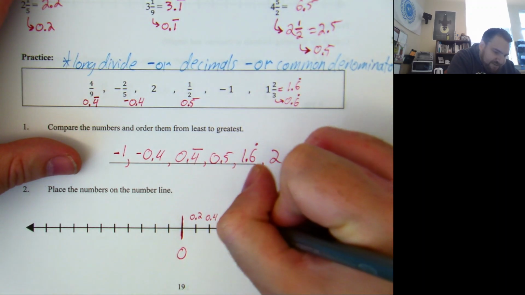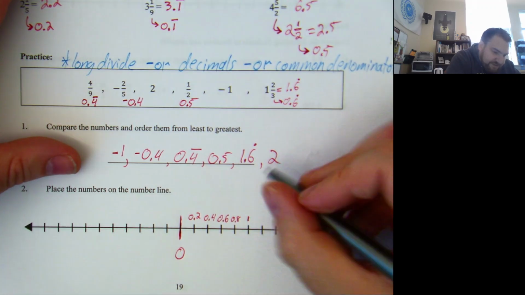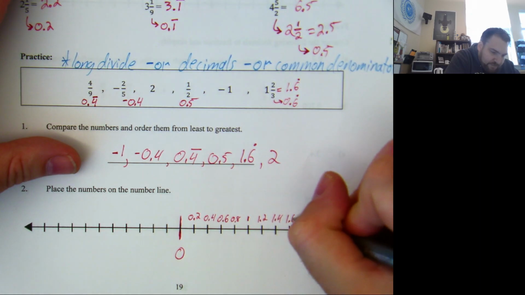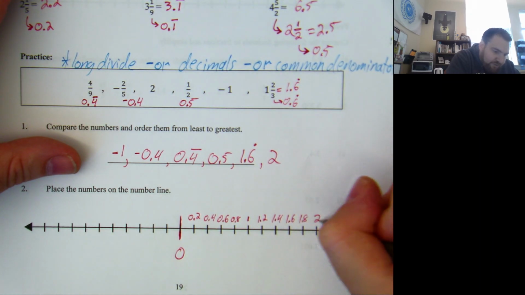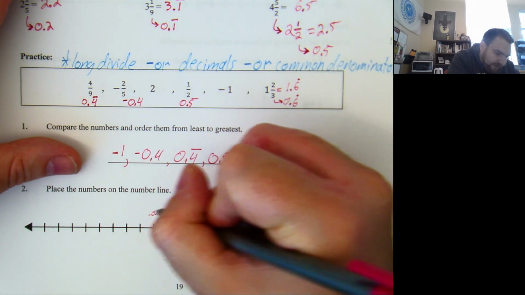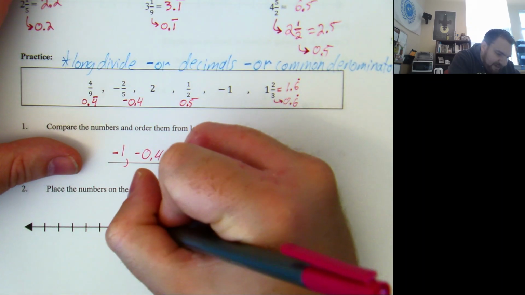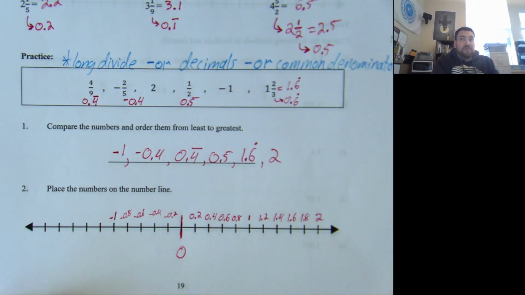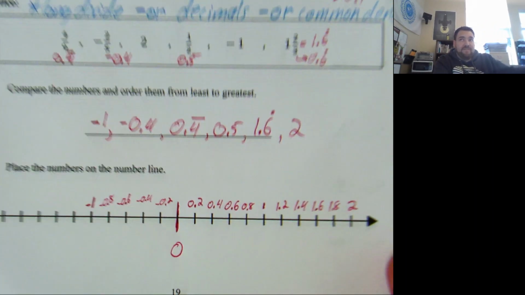Just to give us some space to put all these numbers down. 1.4, 1.6, 1.8, 2, and then this way it's going to be -0.2, -0.4, -0.6, -0.8, -1. So there we go. They have been so numbered.